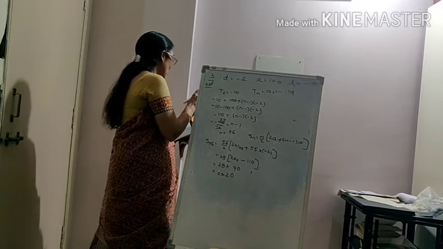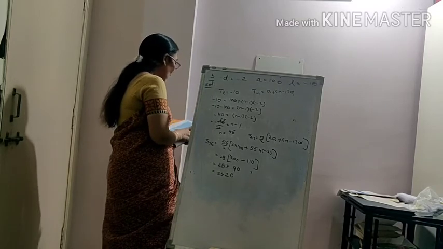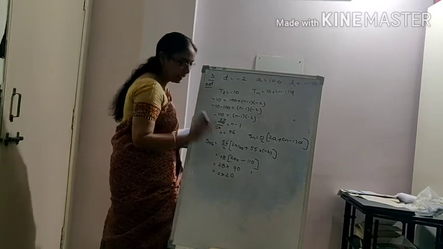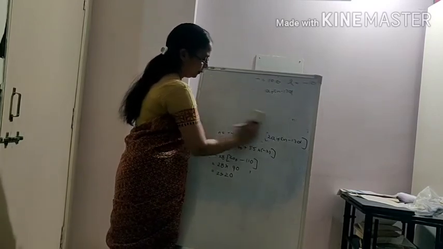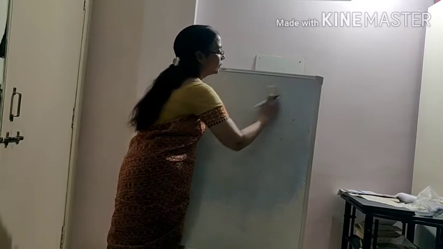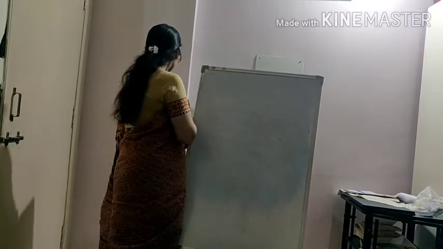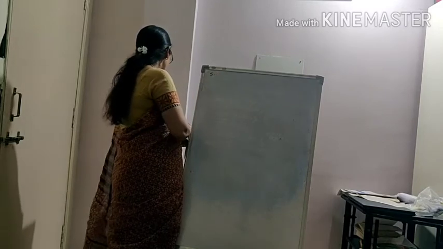Then we have one more example. How many terms should be taken? This is a different type. This is the fifth one.